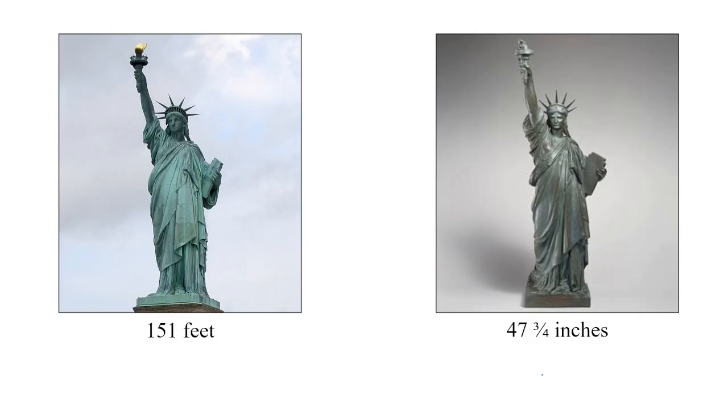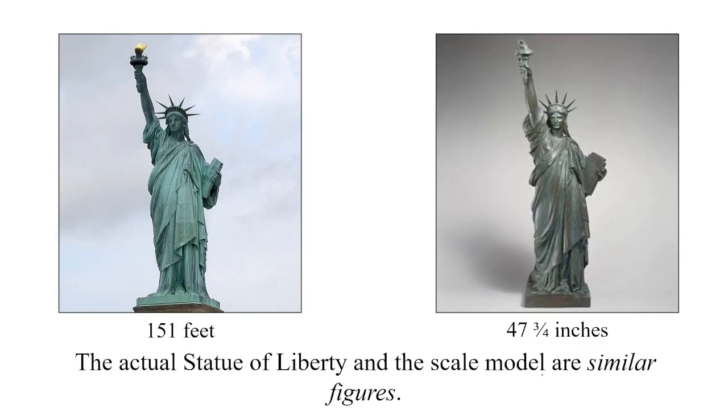They look exactly alike. The only difference is the model is a replica of the original statue. It's smaller. Therefore, you could say that the original statue and its scale model are similar figures.